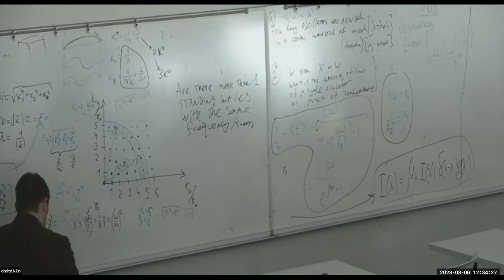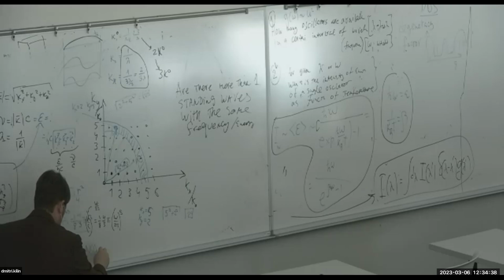Let me do it carefully. Number of states from 0 to nu plus delta nu minus number of states up to nu. And we can multiply and divide by delta nu.